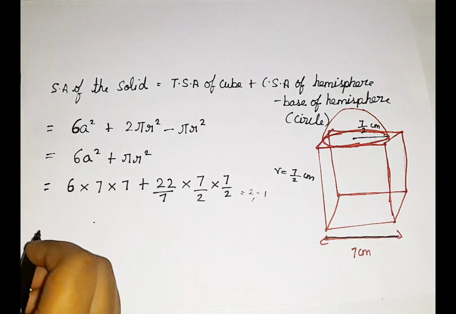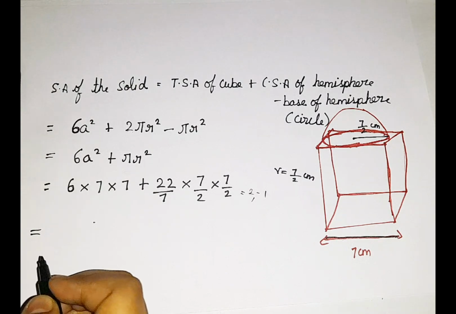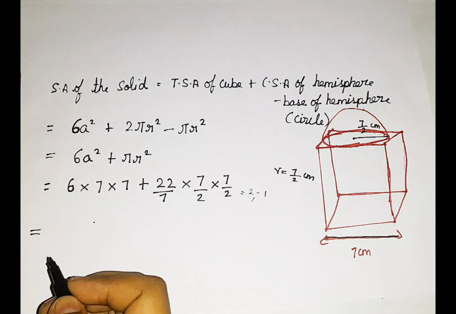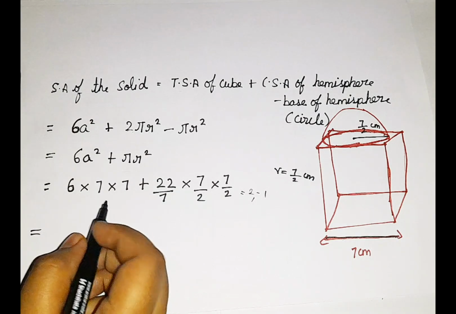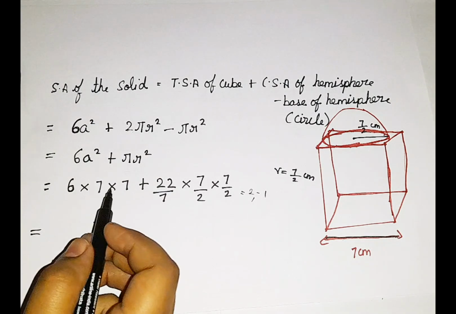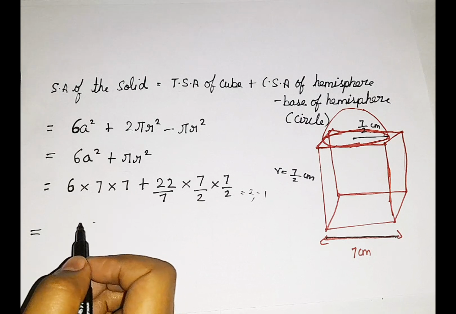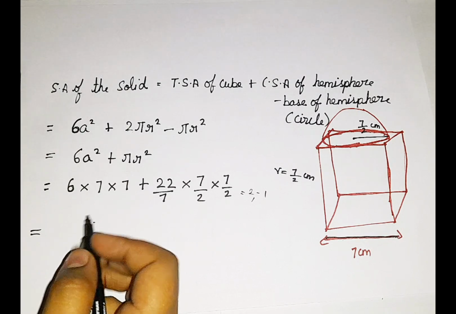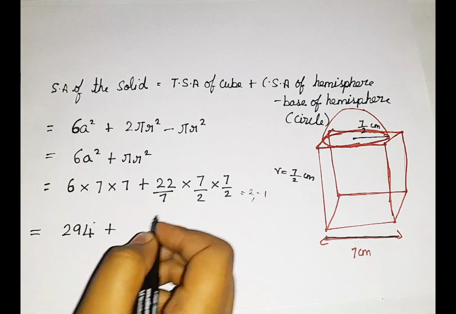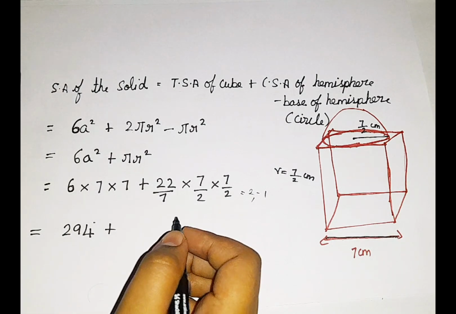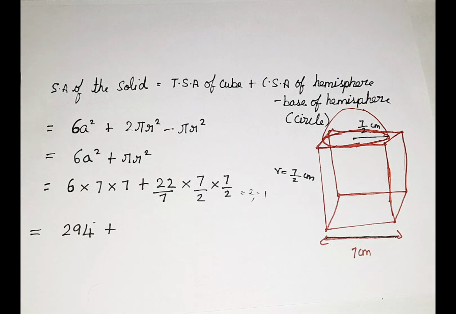Now first let us multiply them. When we multiply 6 into 7, we get 294. Now here we have 22 by 7, so we can actually cancel it, am I right?